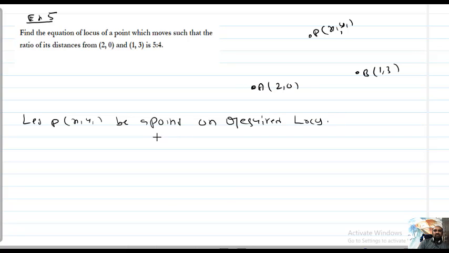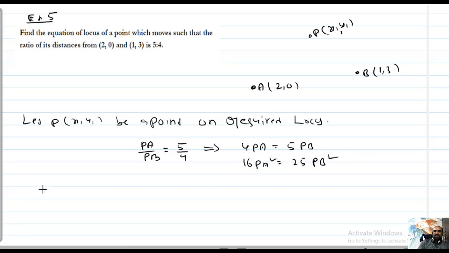Okay. So what is the condition? PA by PB equal to 5/4. What is the meaning of that? 4 times PA equal to 5 times PB. Squaring, 16 times PA square equal to 25 times PB square.